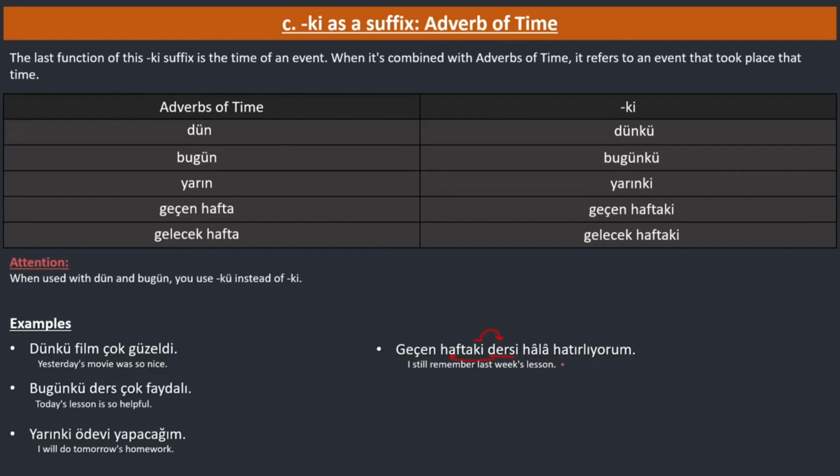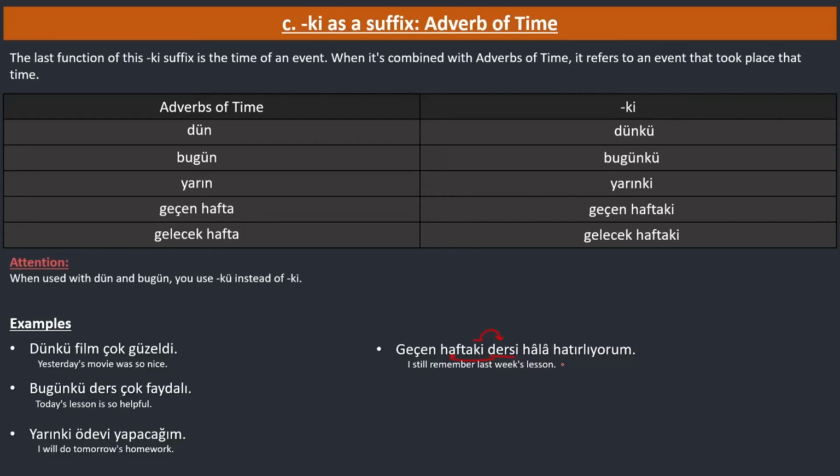I think the reason why we wouldn't say da in this context is because when you say tomorrow I have a lesson or on Monday we have a lesson, we don't even say da in that case. We simply say yarın dersim olacak or pazartesi dersim var.